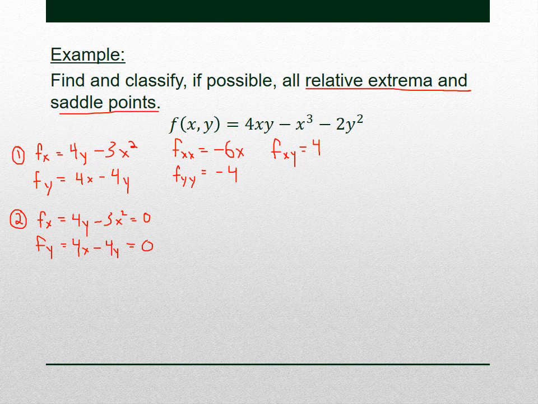There we go. All right, so now we need to find the solution to that system where both of those partial derivatives are equal to 0. So what we'll do is solve for one of the variables like we did before, and then plug that into whichever equation we didn't use, and we'll be able to go from there.